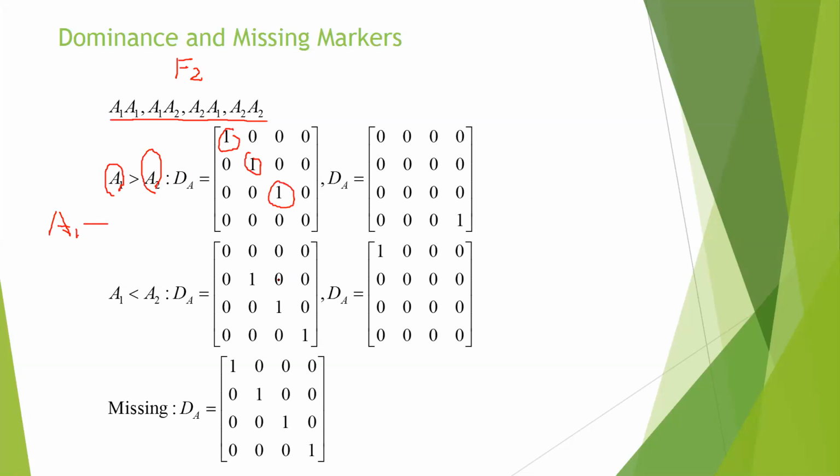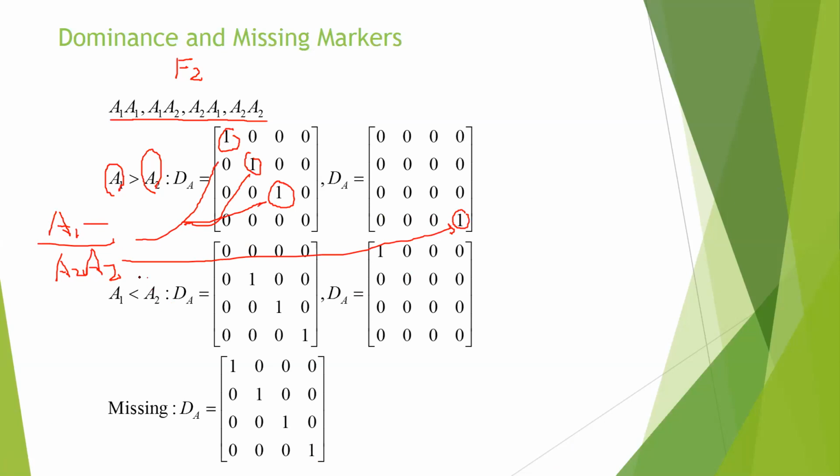That's why we put 3, 1 here. And if you see an A2 recessive individual, that's only 1 possibility. So that's why we put 1 here. This is the dominance. So that's why we put 3 there. Is that clear?